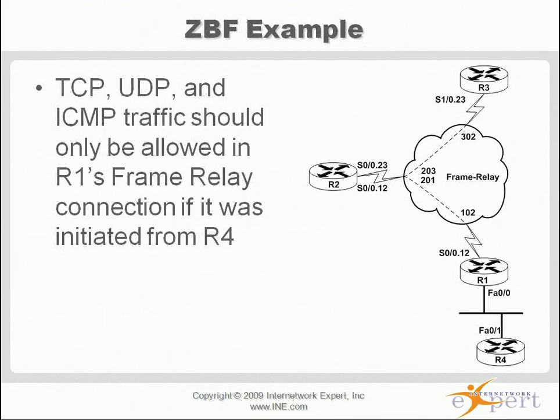All right, so for our zone firewall example here, we're going to start by looking at a similar setup to what we were doing earlier with our IOS firewall, and similar restrictions, allowing the TCP, UDP, ICMP traffic coming into that frame relay interface if it was initiated from router 4, so watching traffic coming through that device.